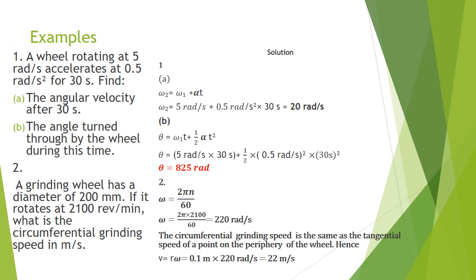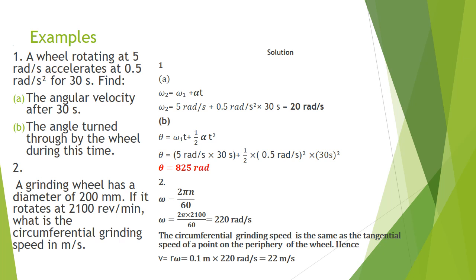So theta is equal to, open brackets, we plug in the initial angular velocity, which is 5 rad per second, times the value for t, which is 30 seconds, close brackets, plus half times 0.5 times, open bracket, 30 seconds, close brackets, then we square. So we compute that, it will give us theta is equal to 375 rad. That is for part B.